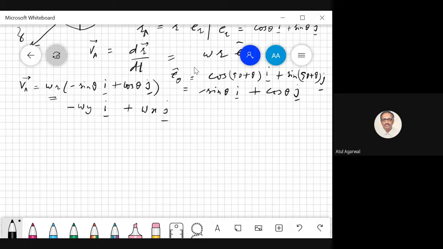Any problem? So you get velocity of particle at point A.